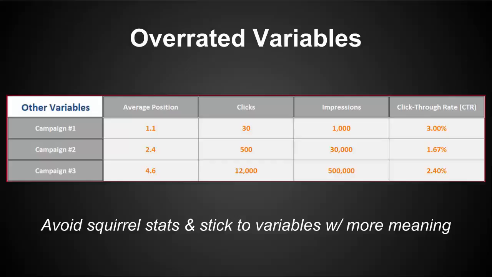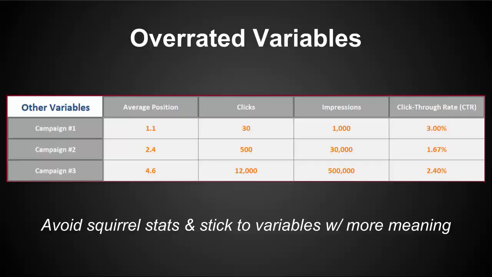So it's in Google's best interest as a business to be showing ads that have a higher click-through rate because they will make more money. Now, click-through rate is definitely something that you always want to be trying to increase. So a click-through rate of 3% is better than a click-through rate of 2%. Higher is better in this case.